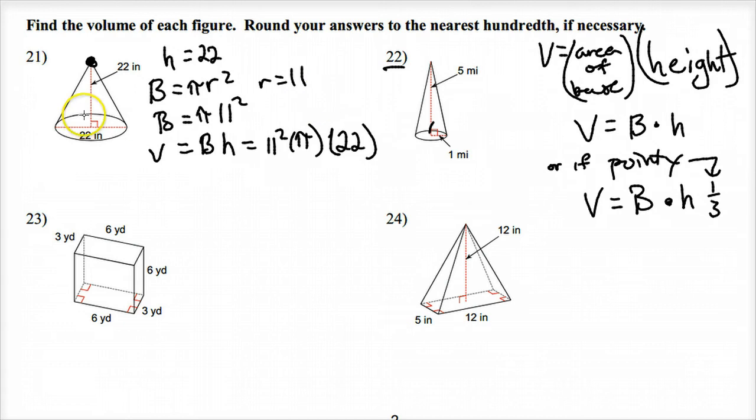So sometimes the hard part is just identifying the base. When it's a cone, it's pretty straightforward. The base is a circle. Let's look at 23 here. So this one, I'm going to go ahead and call this bottom rectangle the base, just because it's on the bottom, at least visually it looks like that. So if I'm trying to do volume, oh, wait.